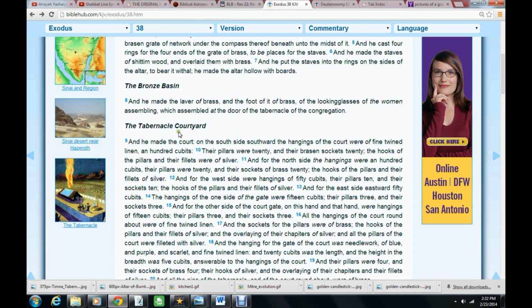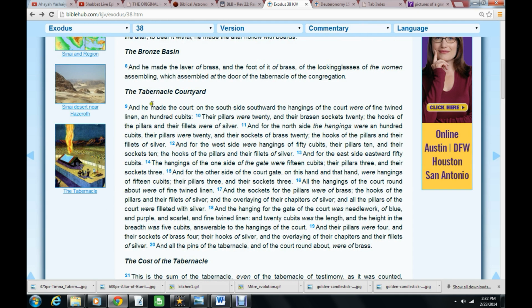Alright. The tabernacle courtyard. And he made the court on the south side, southward, the hangings of the court were of fine twined linen, 100 cubits. Their pillars were 20, and their brassen sockets 20, and the hooks of the pillars and their fillets were of silver.